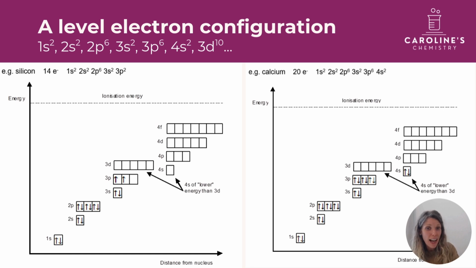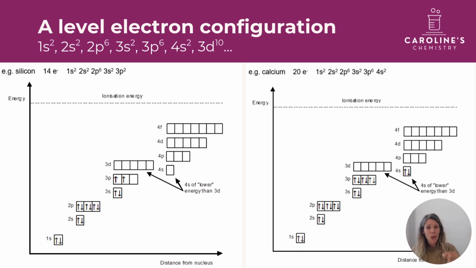And you can see that when it comes to calcium. So calcium is element number 20. And that means it has 20 protons, 20 electrons. We start to fill from the lowest energy orbitals available, so starting with the 1s. Once you get 3p full, and when we filled that 3p, remember we filled it 1, 2, 3, then we pair them up, 4, 5, 6.